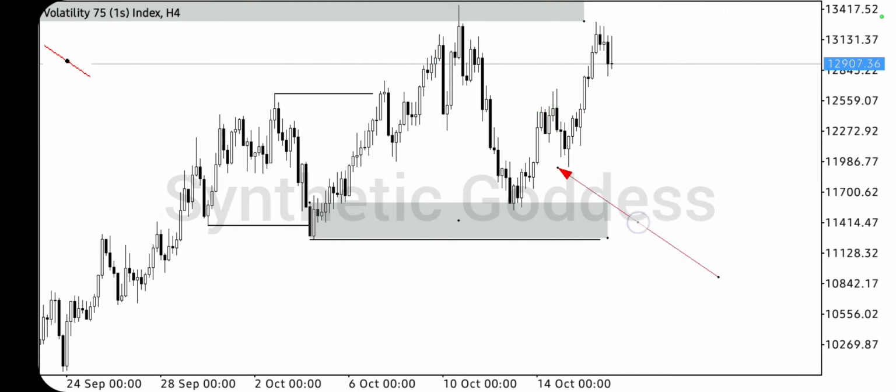Then you can see I had a good test here. I wanted to take this buy, but the market left me out, so I couldn't enter this buy again. So that's just that.